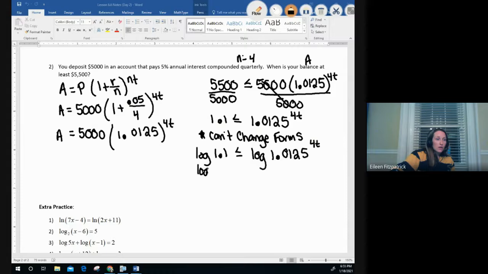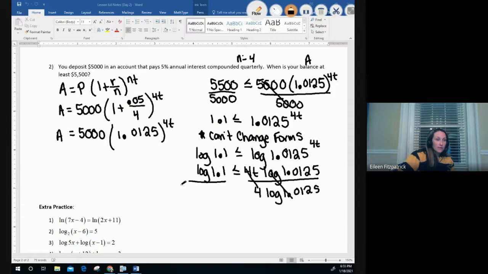So it's log of 1.1 is less than or equal to 4T times log of 1.0125. To get T by itself, I'm going to divide both sides by 4 log 1.0125. That'll leave T by itself on that side of the equation.